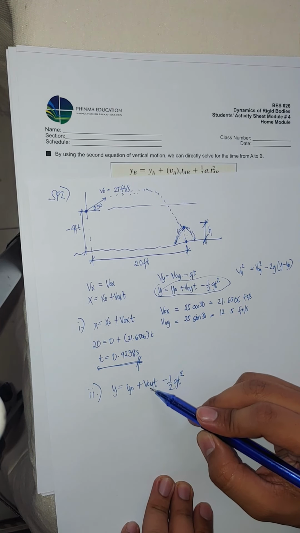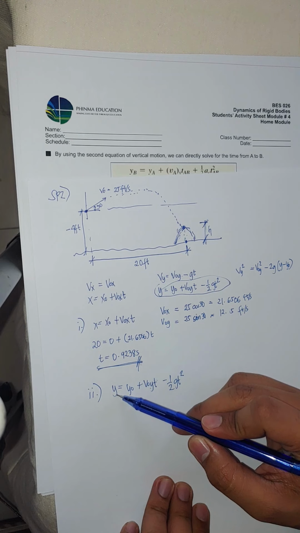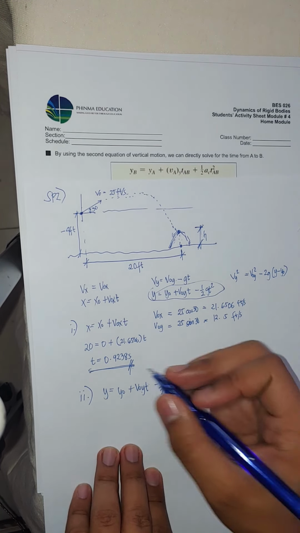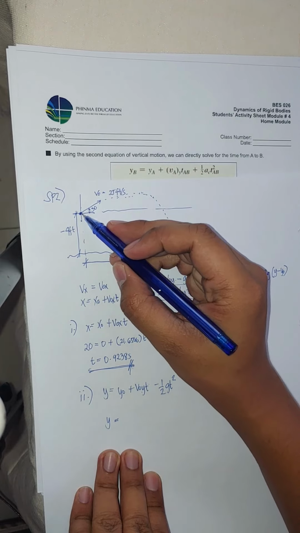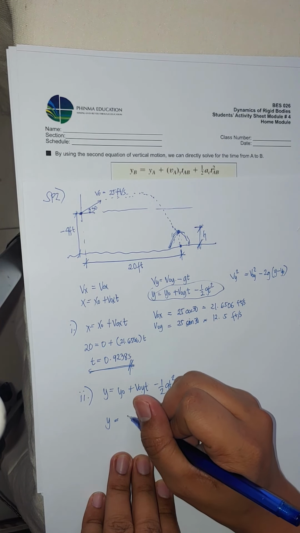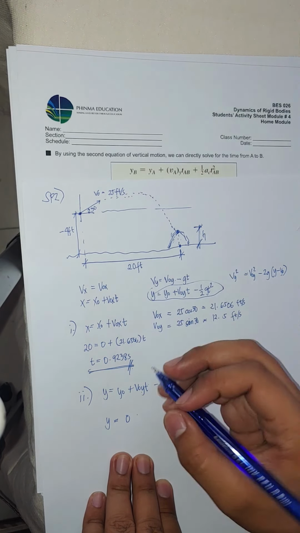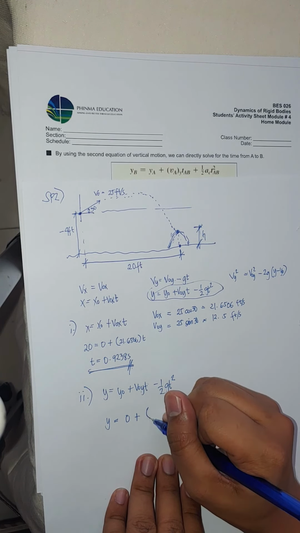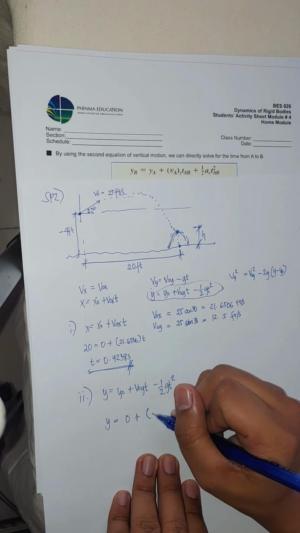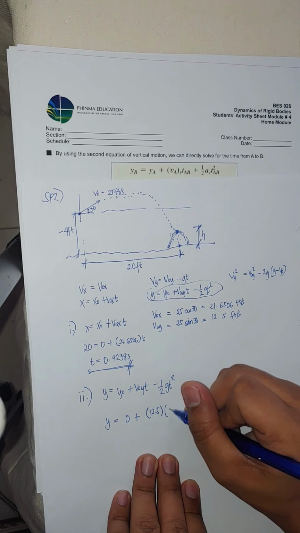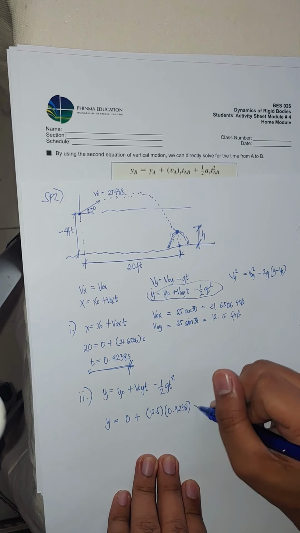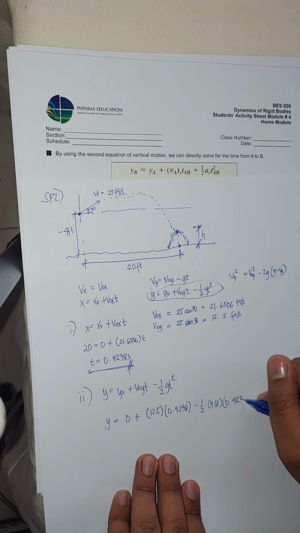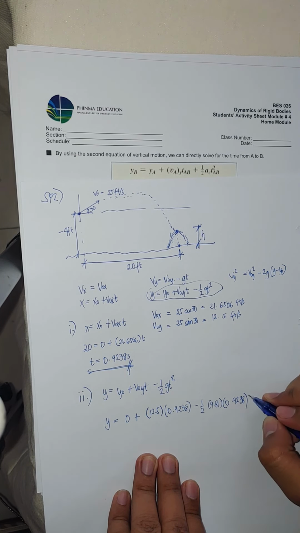We have t, we have Voy, we have y naught, but we don't have y, so we solve for y. Y is equal to y naught, the starting position, which is 0 from the origin, plus the y component, 12.5 foot per second times the time, 0.9238, minus 1/2 of 9.81 meters per second squared times 0.9238 squared.